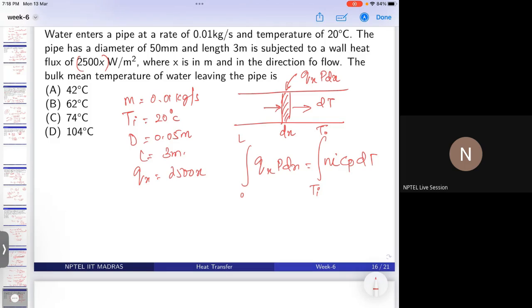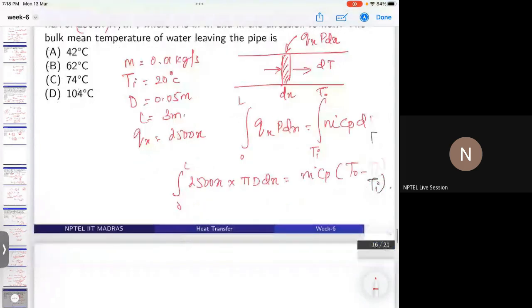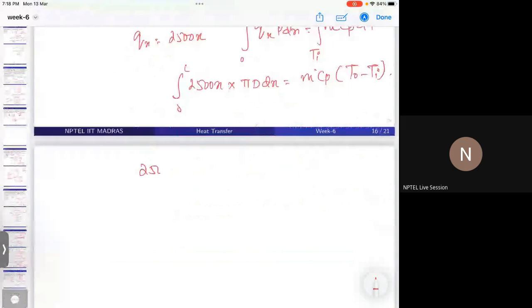So just substitute these values. What is the perimeter? That is integral 0 to L of 2500 x. Perimeter is pi d. Okay. So m dot cp times (To minus Ti) equals the integral, which becomes 2500 times pi d times x square by 2 from L to 0.